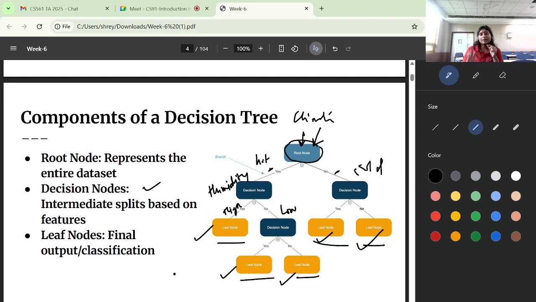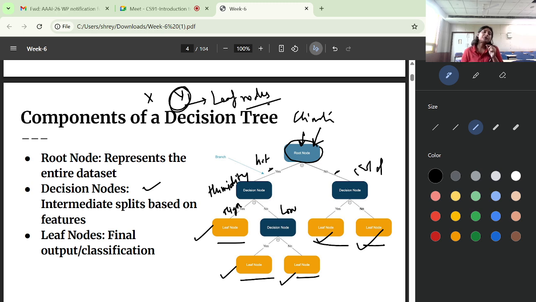When we are going to construct this decision tree, the first thing is that in the supervised approach we have input and output, that is x and y. These y values will be treated as leaf nodes. This is fixed, there is no question about it.